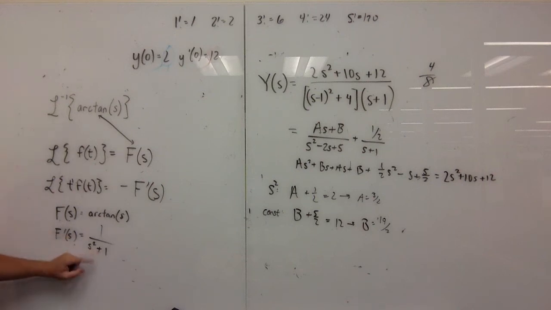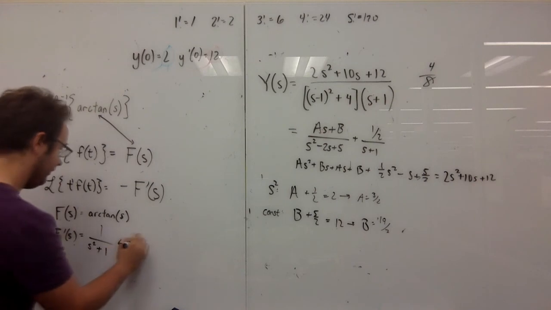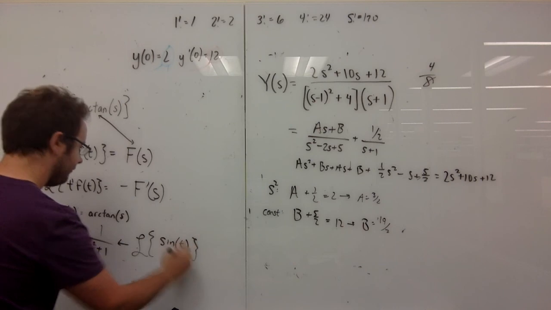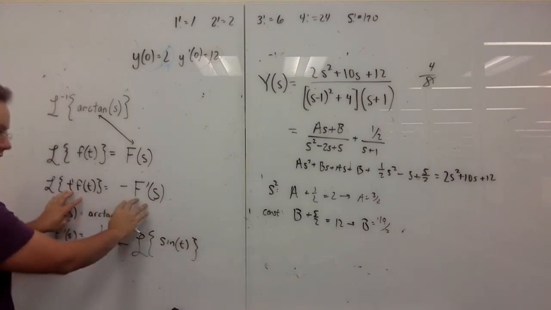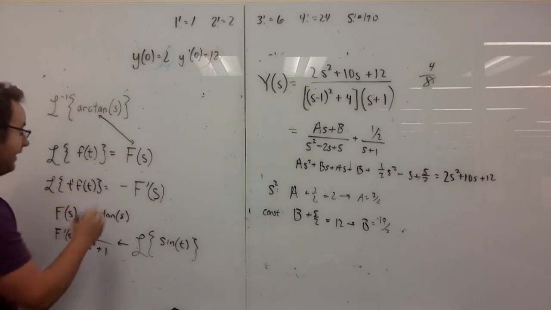Now, does this look like a Laplace transform you know? Yes, sine, right? Sine of what? Sine of 1t. So this is the Laplace transform of sine of t. But this guy is associated with t times f of t.